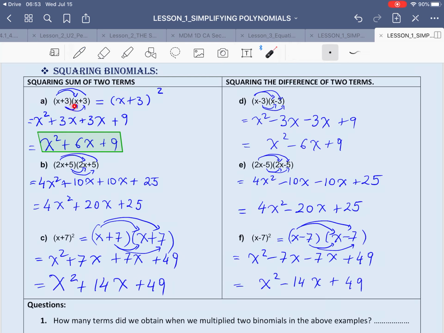We obtained two terms, and what happened was that these middle terms simplified. If we can call it the middle term, because that's where the terms came from, right? So the middle terms simplified.